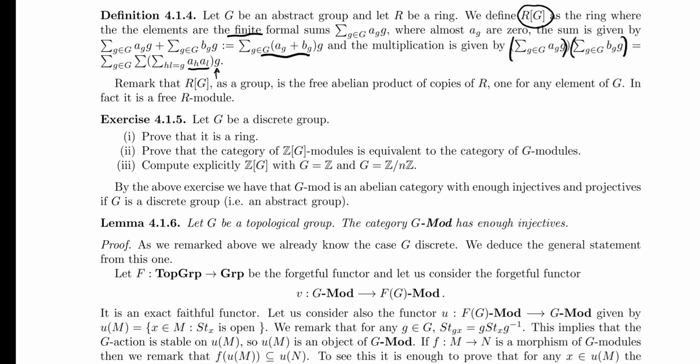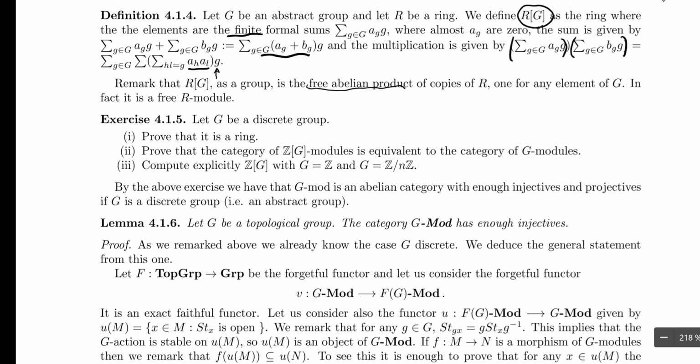It's like a group algebra, okay? Remark that RG as a group is a free abelian product of copies of R. If you just regard it as a group, it's not only a group because you have a multiplication, but if you only consider the addition, it is a free abelian product of copies of R. Each g is just fixing a position.